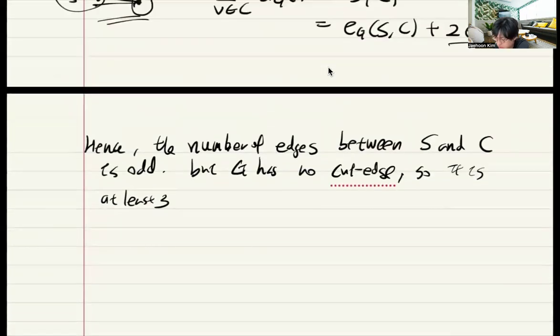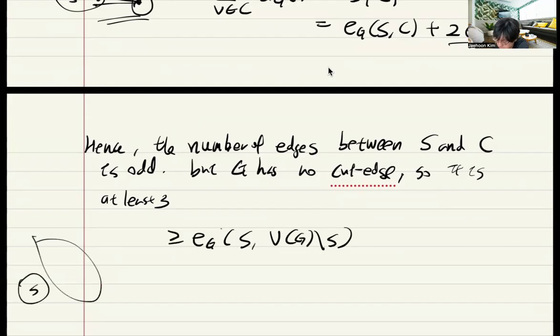And what do we know? If we count the number of edges between S and the remaining part, because G is three regular, all the vertices in S send at most three edges out. It might send some edges inside S, so it could be lower, but it's at most 3 times |S|.